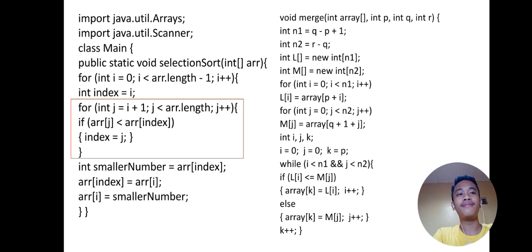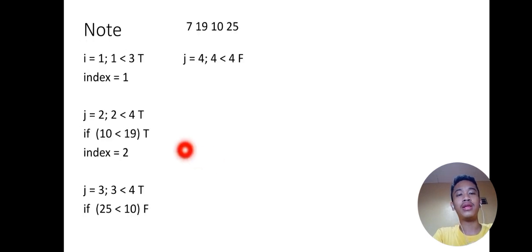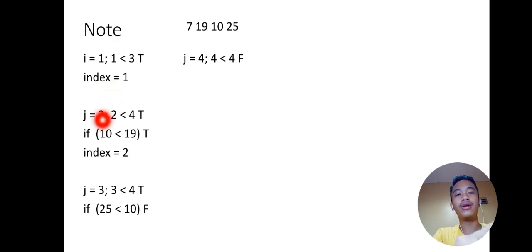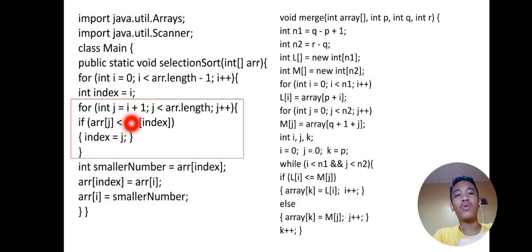Since we loop back to our outer loop, the value of our i will be affected. So our i is equals to 1, that is why our j right here is 2, that is 1 plus 1 is 2.